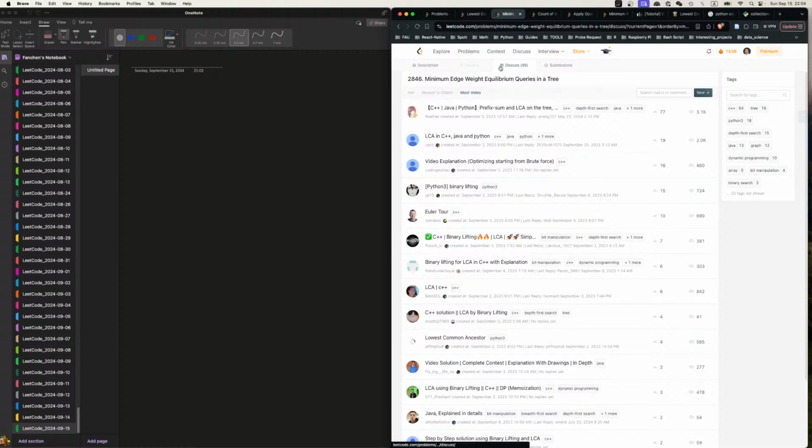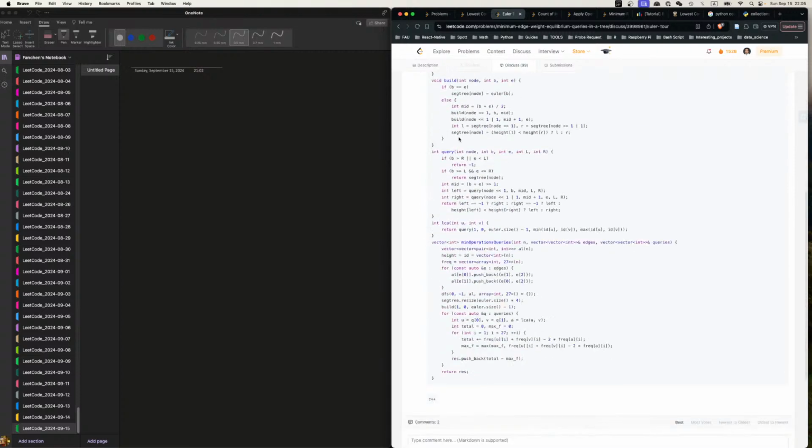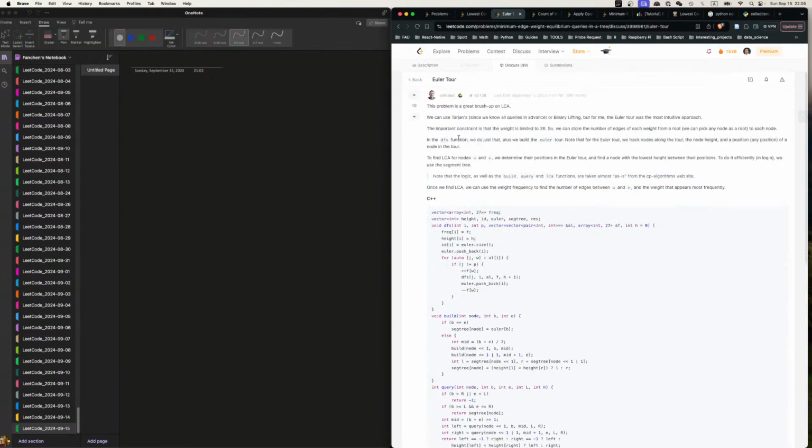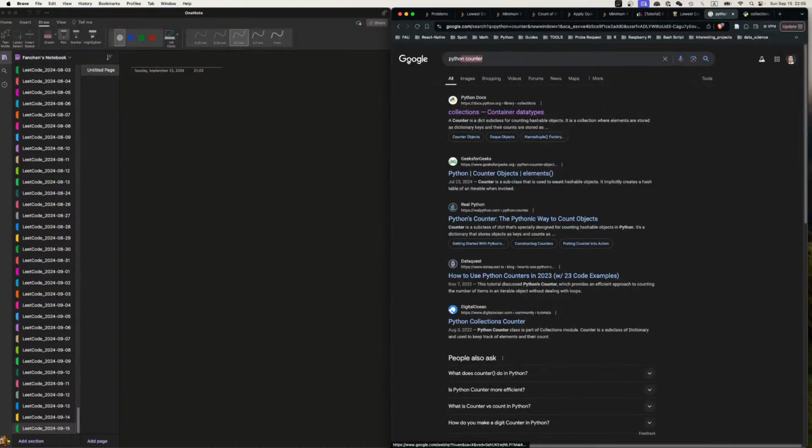Well, there are other ways to solve this, I'm pretty sure. Prefix sum and LCA on the tree. Binary lifting. Euler tour. Nope. Nope. I probably will go Tarjan.